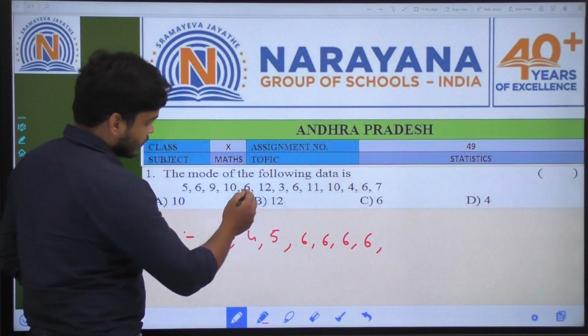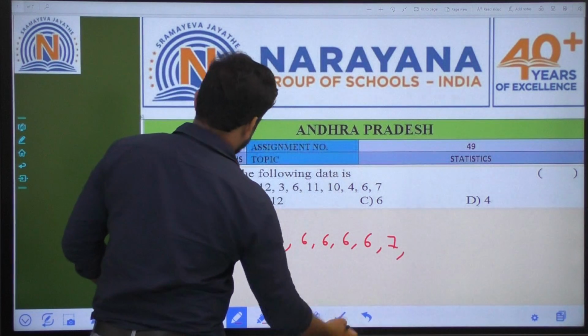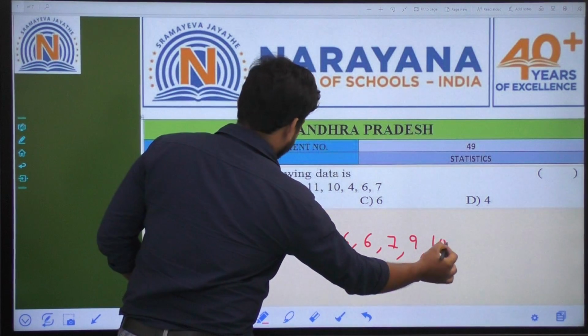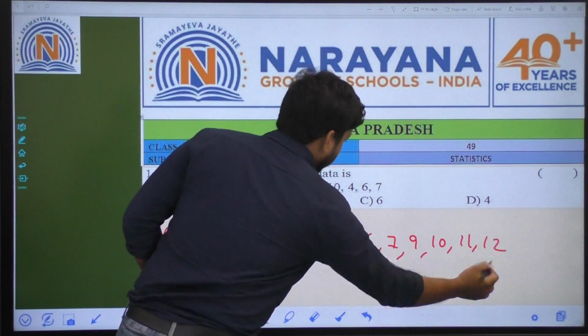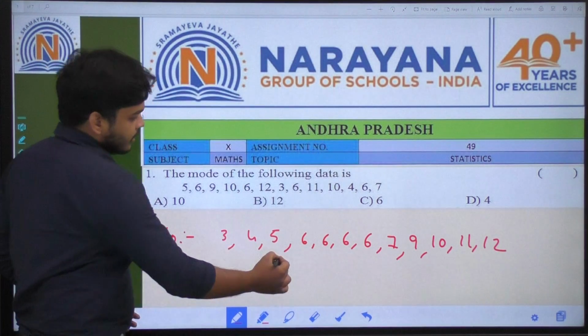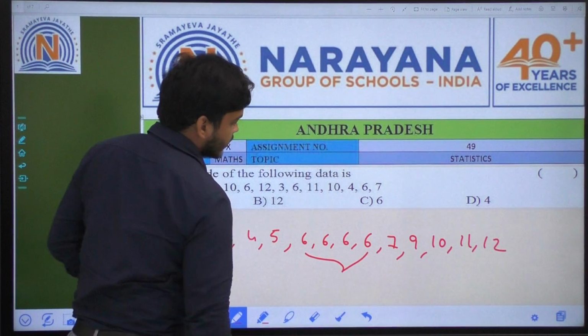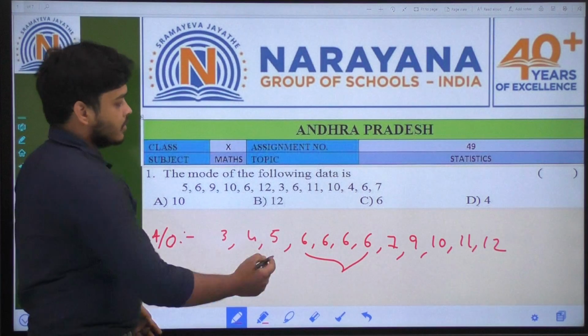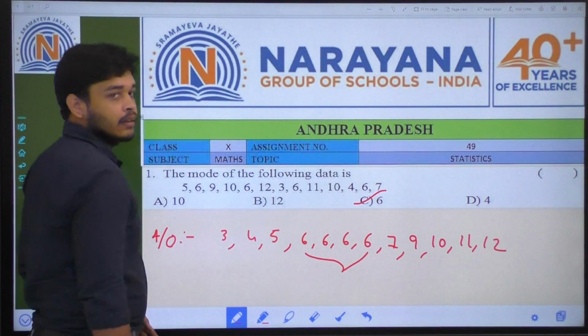Next 7. 8 is not there. 9, 10, 11 and 12. Here if you observe, in the given data the 6 is repeated 4 times. It is the most frequently repeated value. So the mode of this data is 6. Option C.